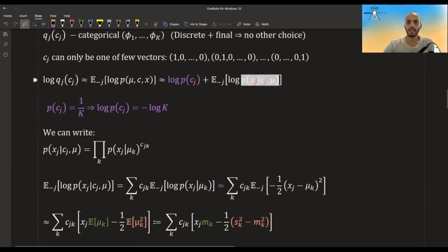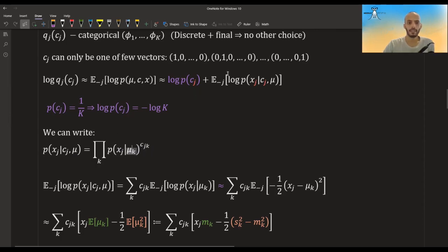Now we can write this probability as a product of each probability to the power c_jk, where c_jk is each element in this one-hot vector. So in k minus 1 cases, it will be 0, and so this quantity to the power of 0 will be 1. And in one case, it will be 1, which will be the actual probability that we are looking for.